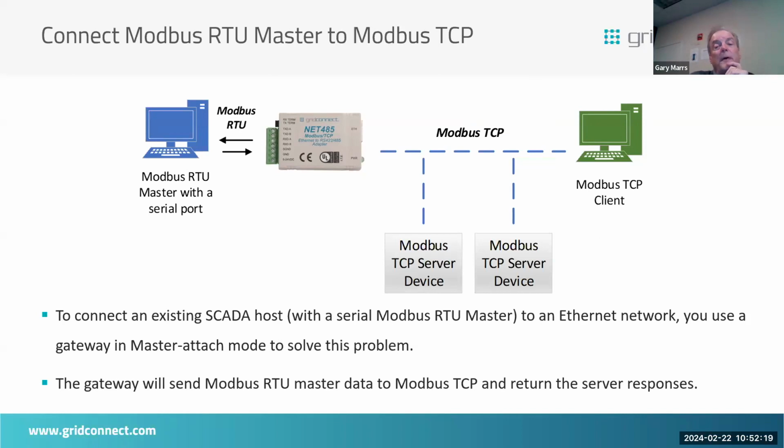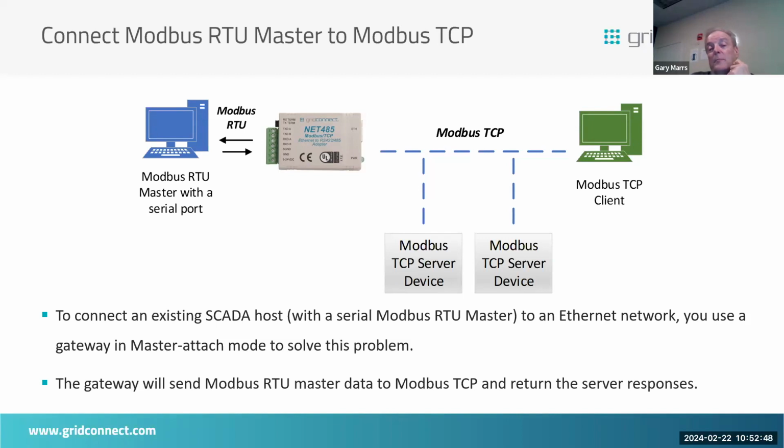There's a less popular application, but kind of an interesting one. We see this maybe 10 to 20% of the time, where a customer will have a Modbus RTU master, but the master will only have a serial port. It won't have a network port. And they want to be able to take the Modbus RTU master and connect it to a Modbus TCP network.